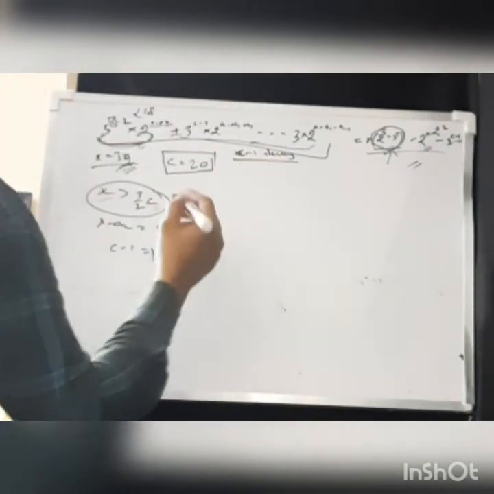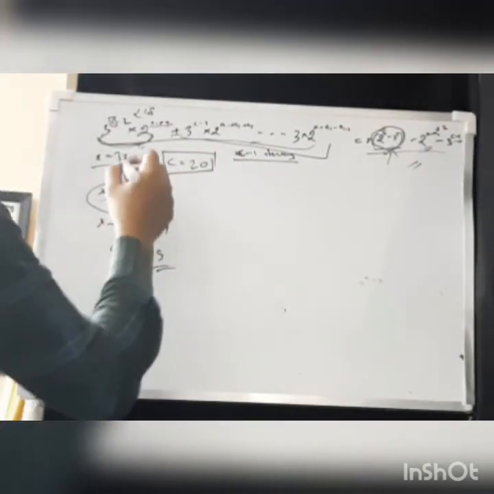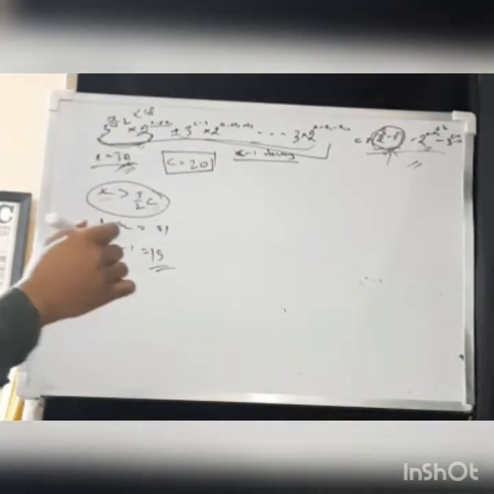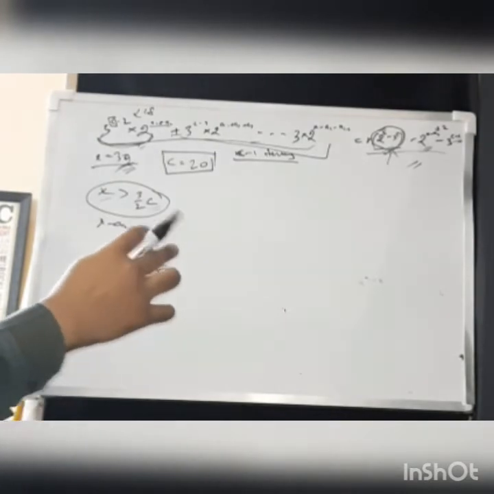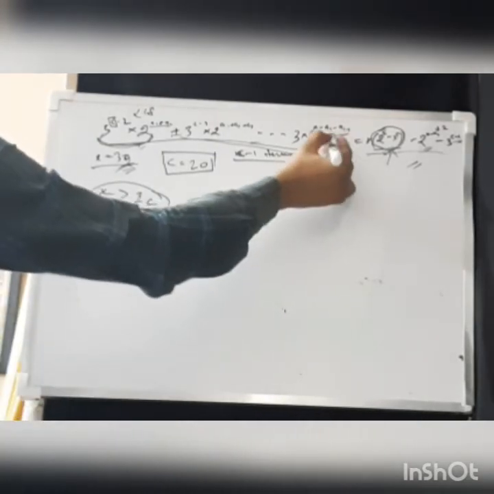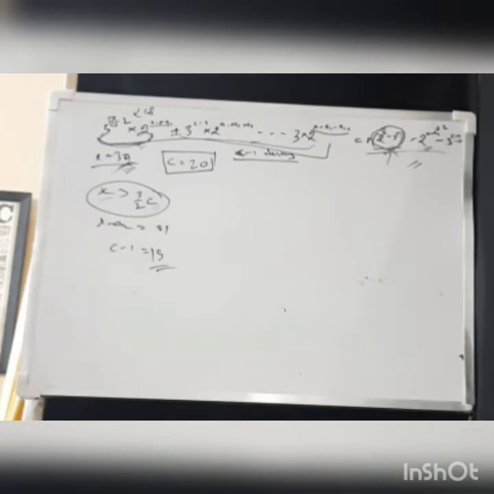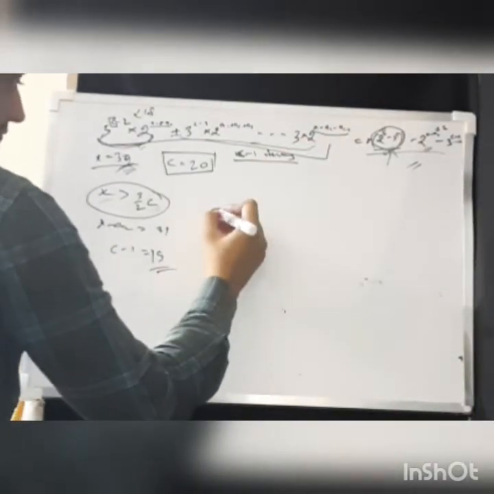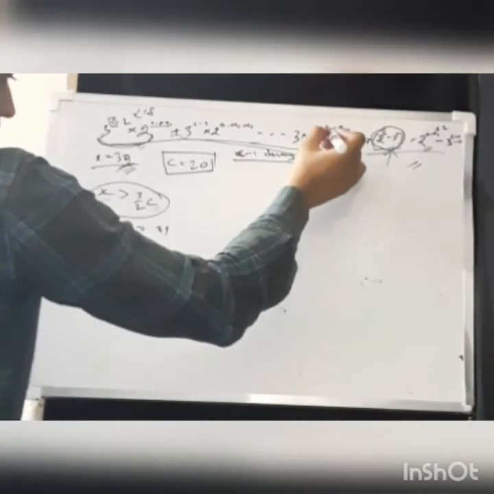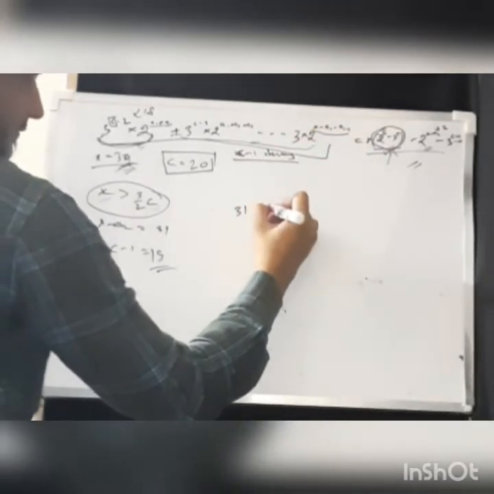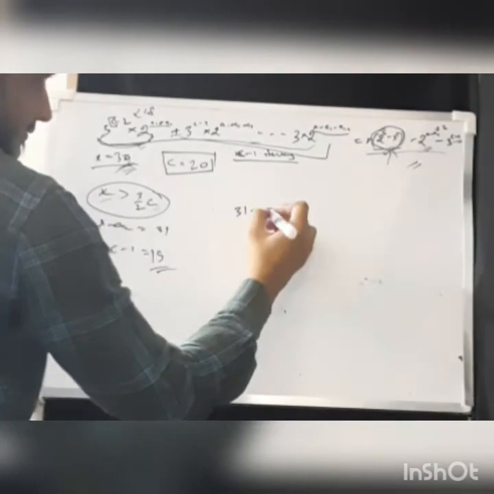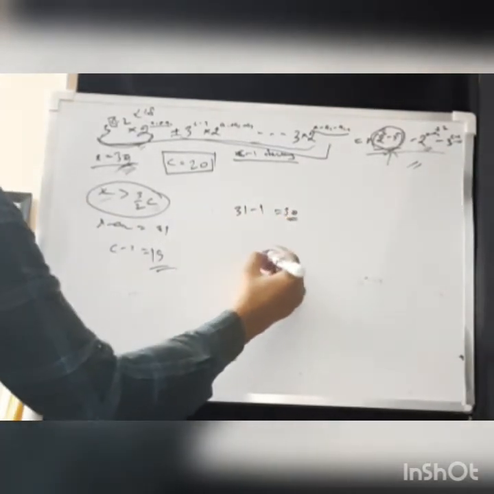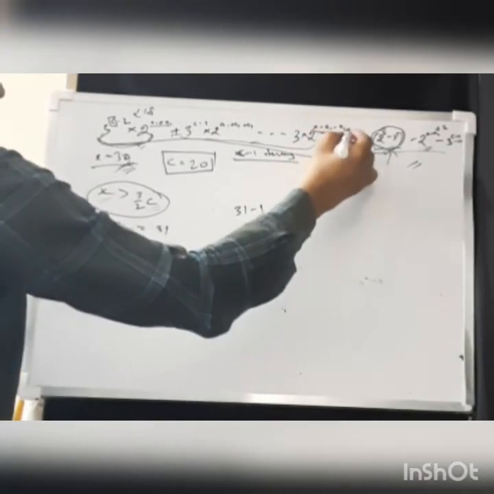So I am going to subtract C minus 1, which is 19, from this number, which gives me 31 minus AC minus 1, let's say this is 1, so that gives me 30.